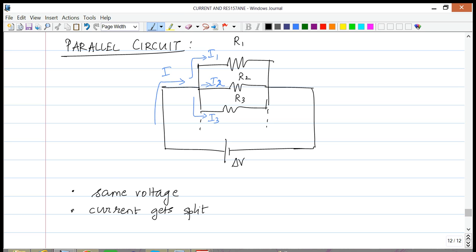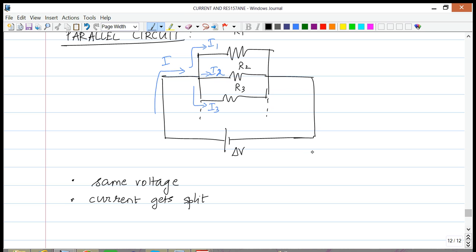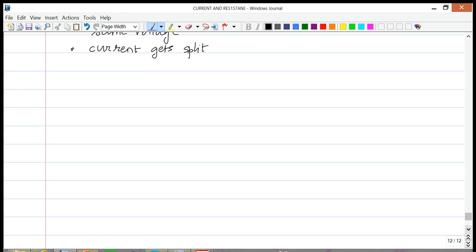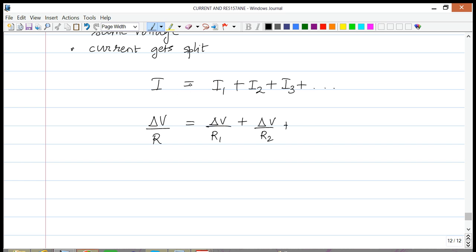Once again, what we'll do is derive an expression for the effective resistance for resistors connected in parallel. In this case, we'll use the property of the current, that I is equal to I1 plus I2 plus I3 plus dot dot dot. From Ohm's law, I is delta V over R, and I1 is delta V over R1, and I2 is delta V over R2, and so on.